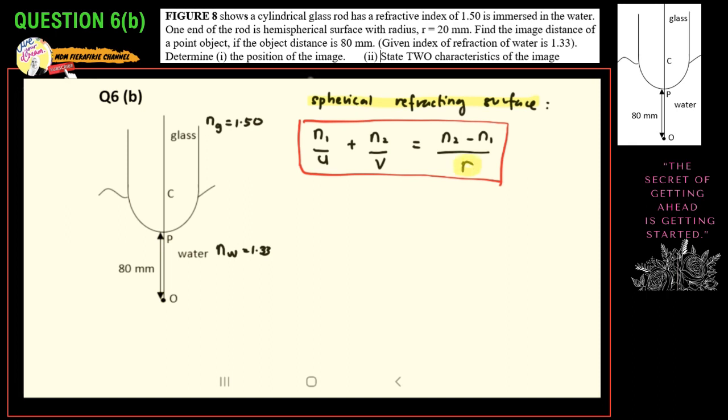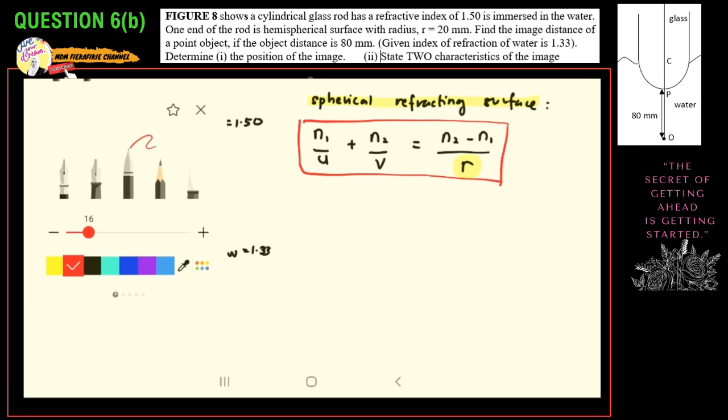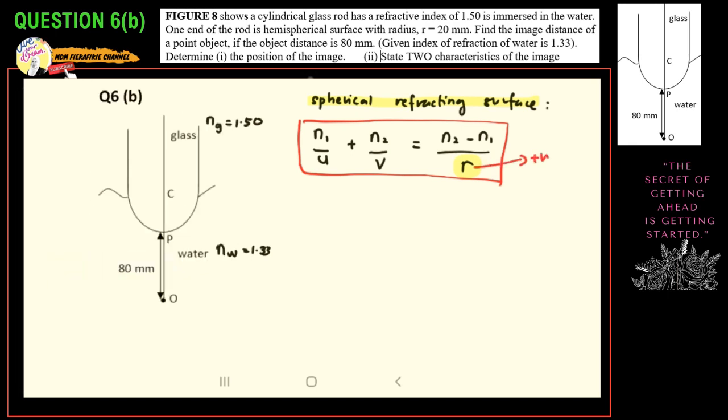But for R here, the value of R can be positive or negative. So look at here, this is the object and the object is facing the convex surface. Since the object is facing convex surface, that means R is positive.